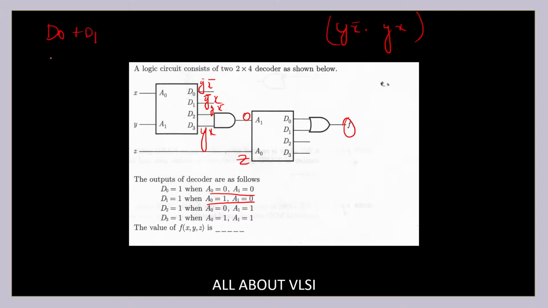Whenever, okay, this a1 is always fixed to 0, and 0 and z. I think we are going to get f as equal to 0 only, because your a1 is fixed to 0, right? So I think f is equal to 0, which I'm going to get.